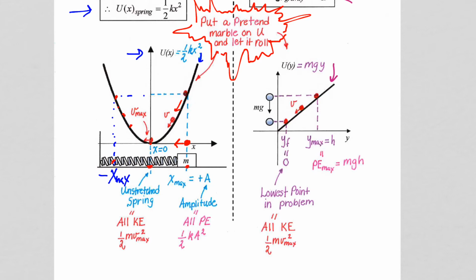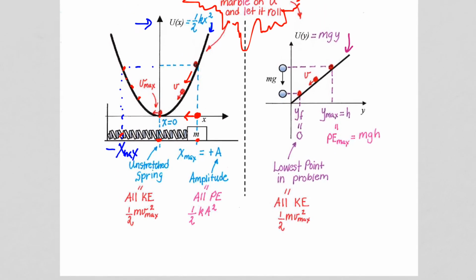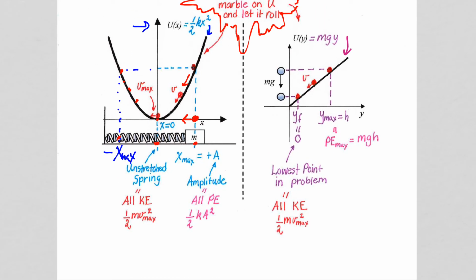Some other language that you might see would be whether the potential energy function bounds the motion of the particle, or is the particle's motion unbounded. For the quadratic, the spring, this particle's motion is bounded. Even if I didn't know what was actually doing the moving, I'm just told that this is the potential energy function that governs the motion.